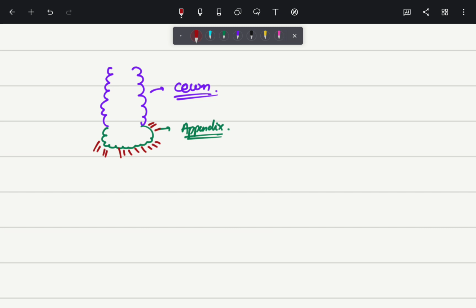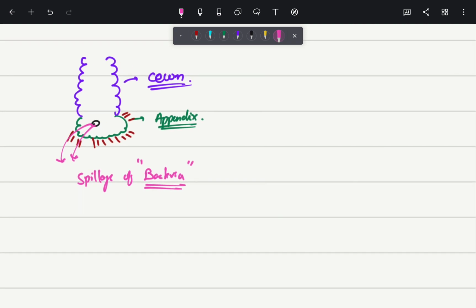Now this inflamed appendix will eventually perforate, and this perforation can lead to spillage of bacteria into the peritoneum. Okay. Now this type of wound is called a dirty wound or type 4 wound. Now, what is the risk of getting surgical site infection in a type 4 wound? The risk is nearly 13 to 30%.